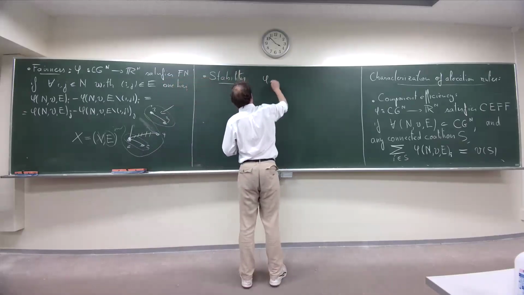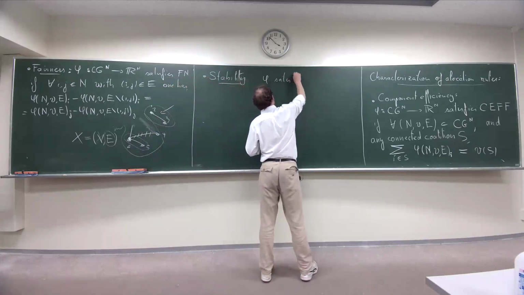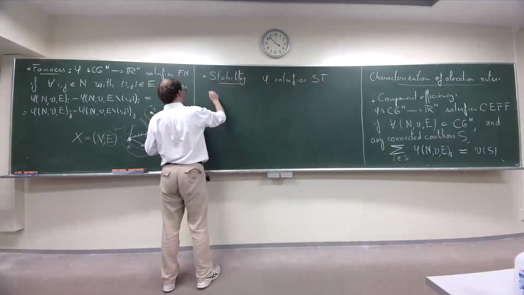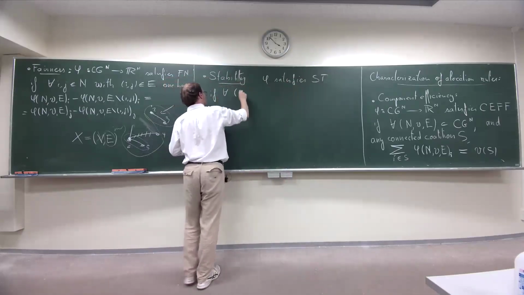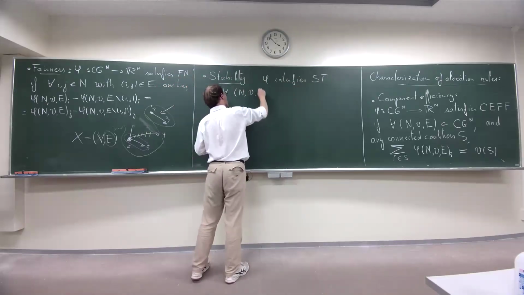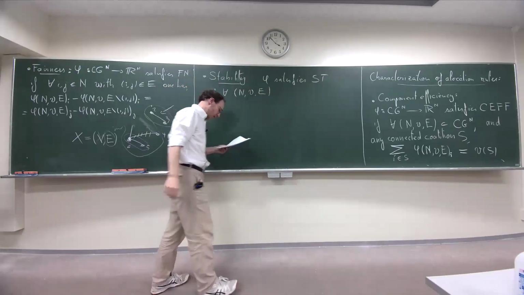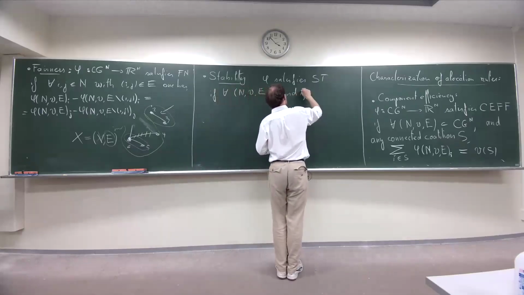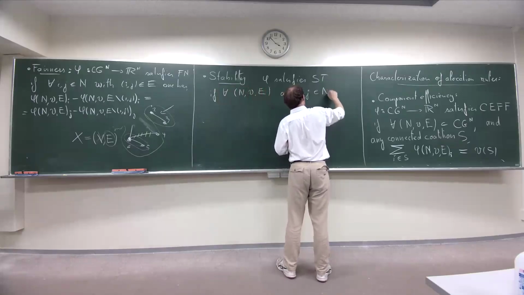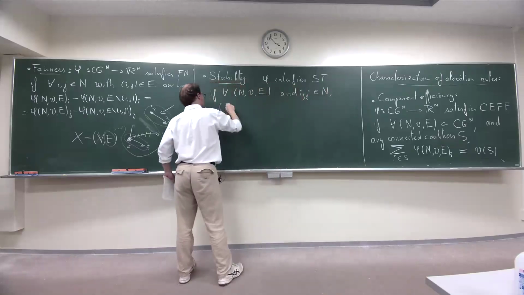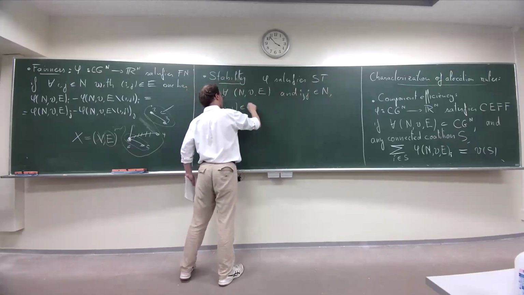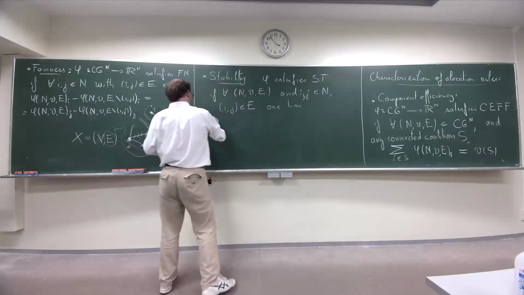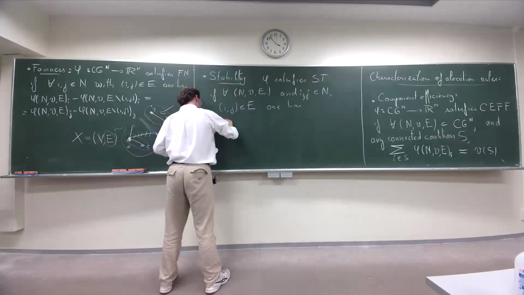So phi satisfies this property ST, stability, if for any game NVP, so it's a game with communication graph, then for any I, J, players linked by an edge, phi_I of NVP is at least phi_I of the game without the edge.